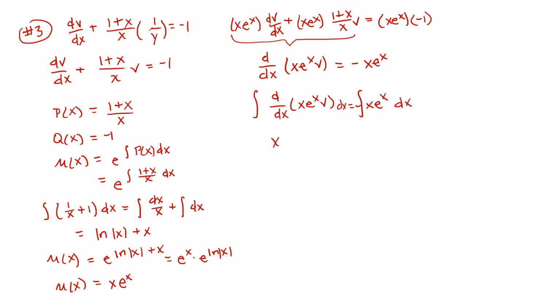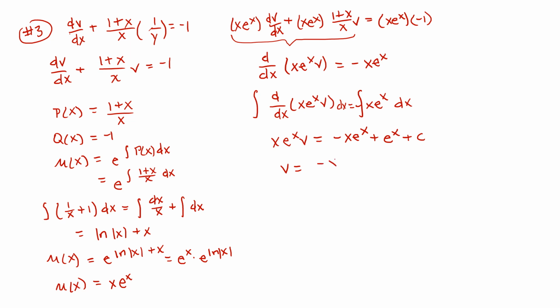So I'll have x e to the x v equals -x e to the x, and then take the integral of e to the x, which is e to the x, and then plus c. So to solve for v, I'm going to have to divide everything by x e to the x.